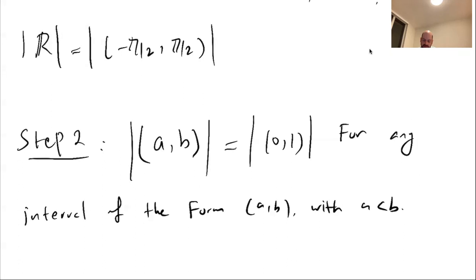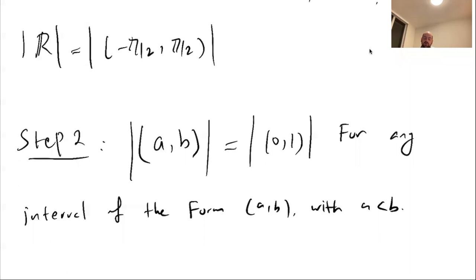So combining step 1 and step 2: cardinality R equals cardinality of (-pi/2, pi/2). This was step 1, right? But step 2 was saying that cardinality of (a, b) for any a and b is the same as cardinality of (0, 1). So this is the same as cardinality of (0, 1) by step 2.